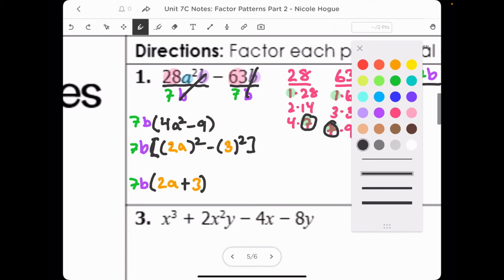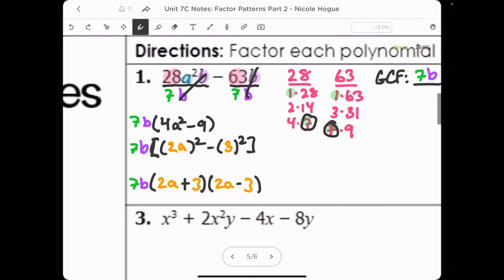Now looking at those, we can no longer factor. So I'm going to add that here so that you have that: 7b times 2a plus 3 times 2a minus 3. And that's what we want to put in here.